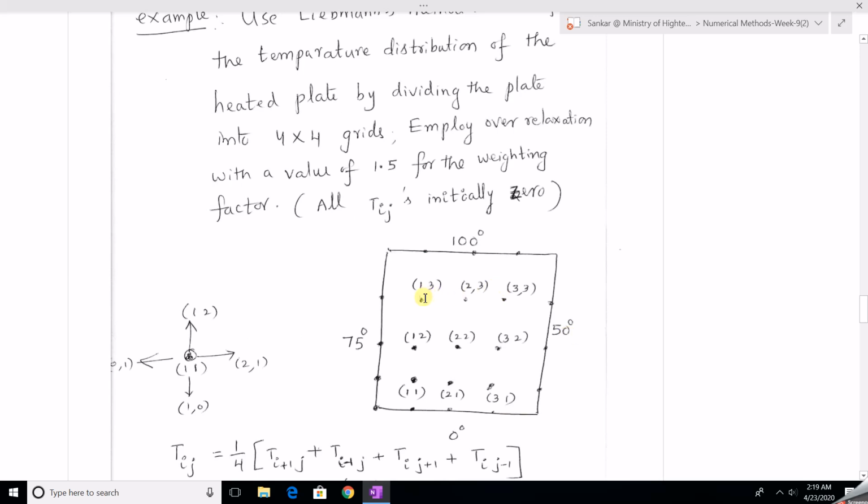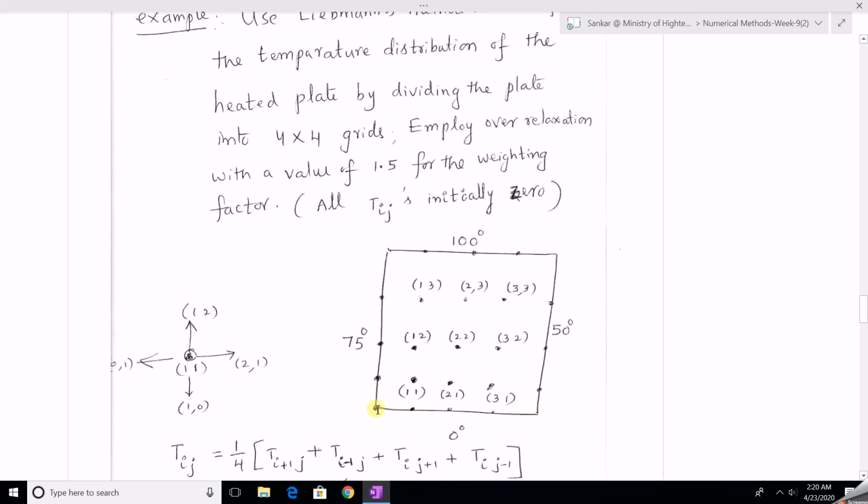Now you have to find the temperature distribution at the intermediate points, the inside points, and it is given as a 4 by 4 grid. That means we have to divide this plate into 4 by 4 grids. A 4 by 4 grid means here 0 0, next point is 1 0, this is 2 0, this is 3 0, and this is 4 0.